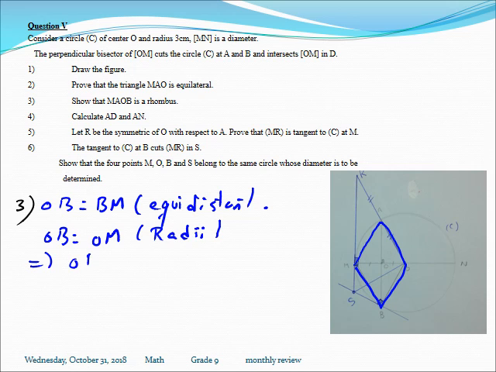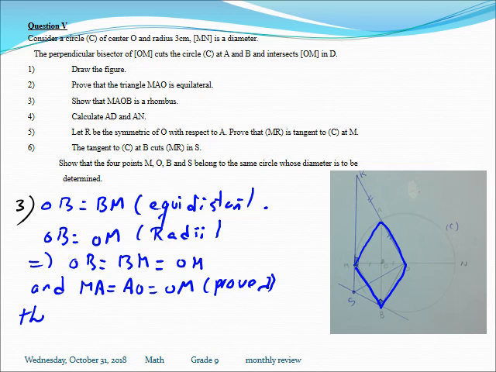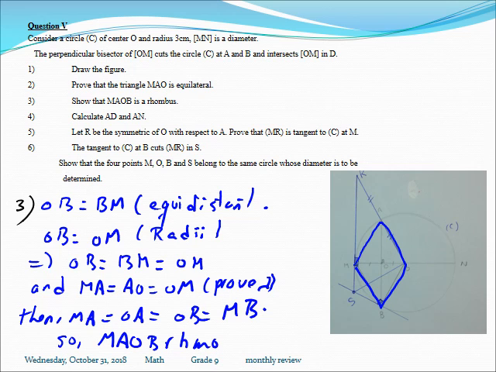So OB equals BM equals OM, and MA equals AO equals OM, proved. Then MA equals OA equals OB equals BM. So MAOB is a rhombus.